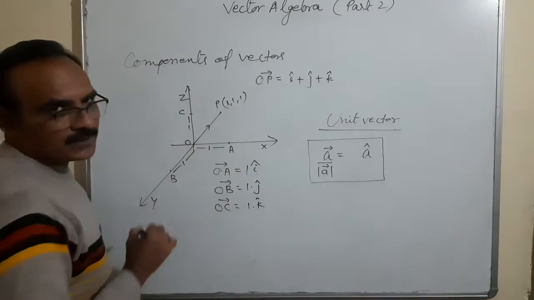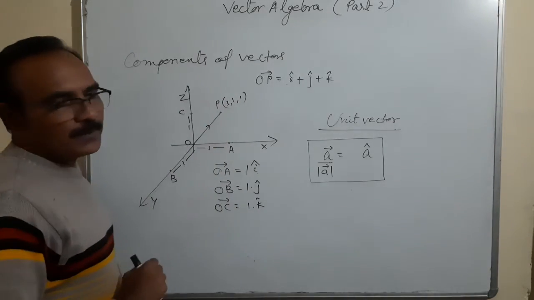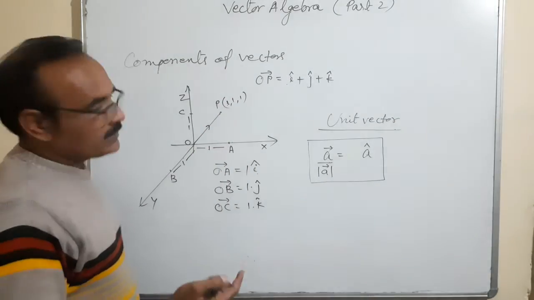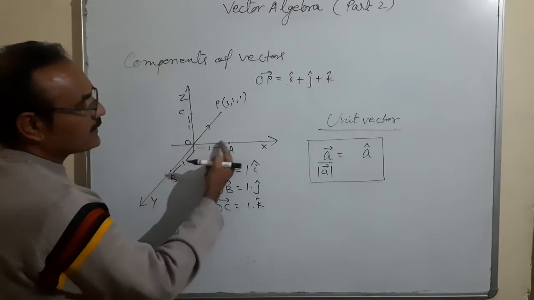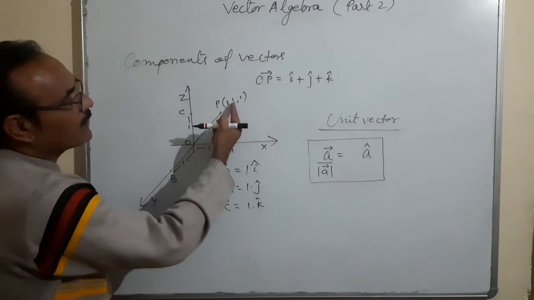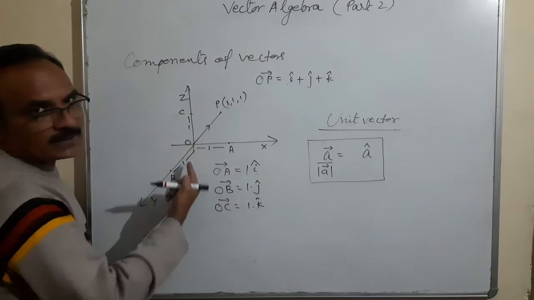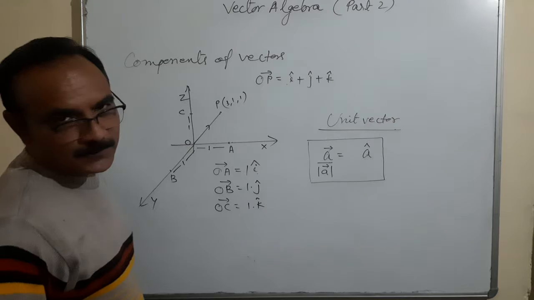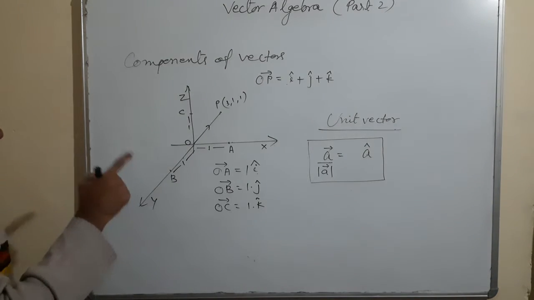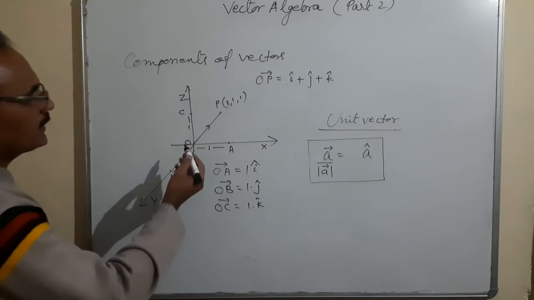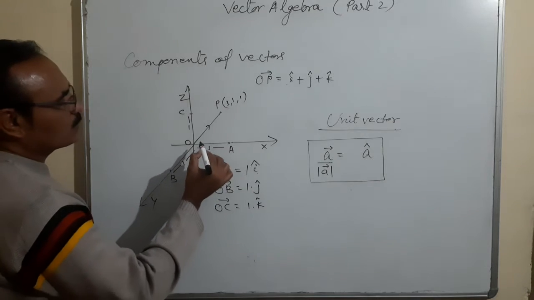These are the 3 points. But when we convert these points into vector form, the first one is along the x-axis, 1I, the second one is along the y-axis, 1J, and the third one is along the z-axis, plus 1K, right? So 1I plus 1J plus 1K.